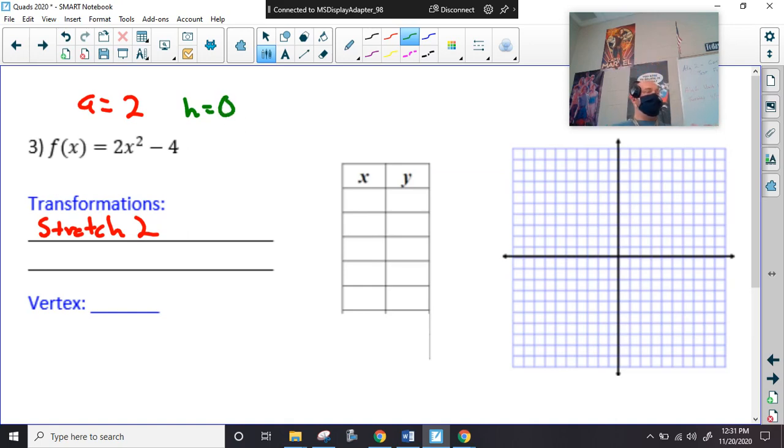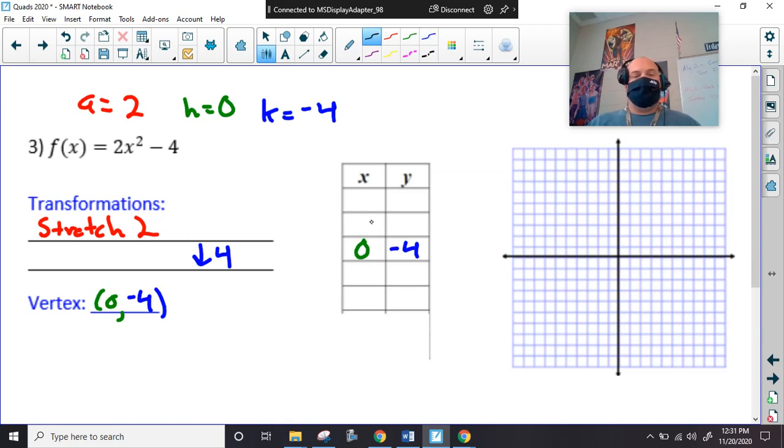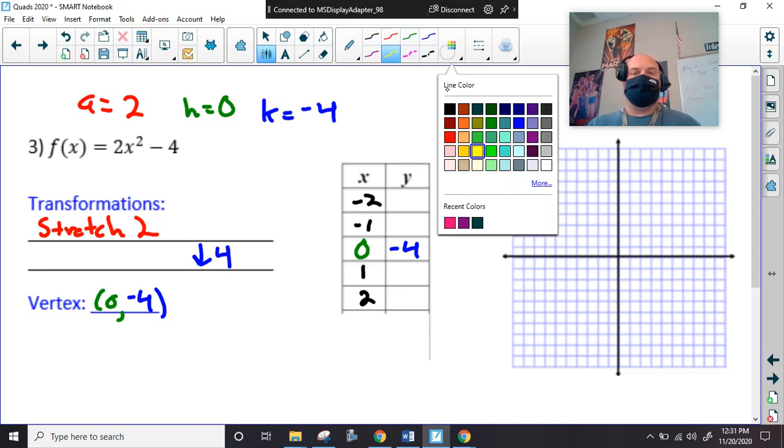Our h is 0. When it just has x squared and nothing in parentheses, h is 0. So we know that this goes here and this goes here. And then our k is -4. So it's a stretch of 2 and then down 4. And we have a -4 right here. -4. All right. -1, -2, 1, 2.